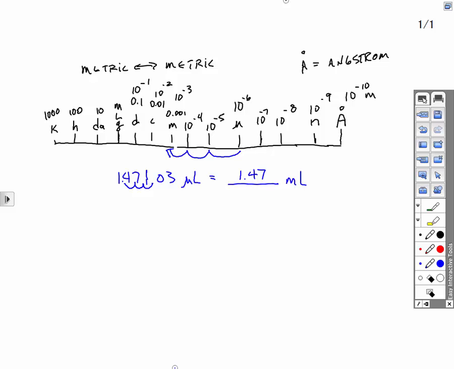Notice I stopped at the second significant digit. I just dropped off the 103. Those are not that significant. So 1.47 milliliters. Make sure you know where the decimal begins, where it ends up. Count your spaces, and make sure you know what direction you're moving. You cannot miss a problem. You will not miss a problem.